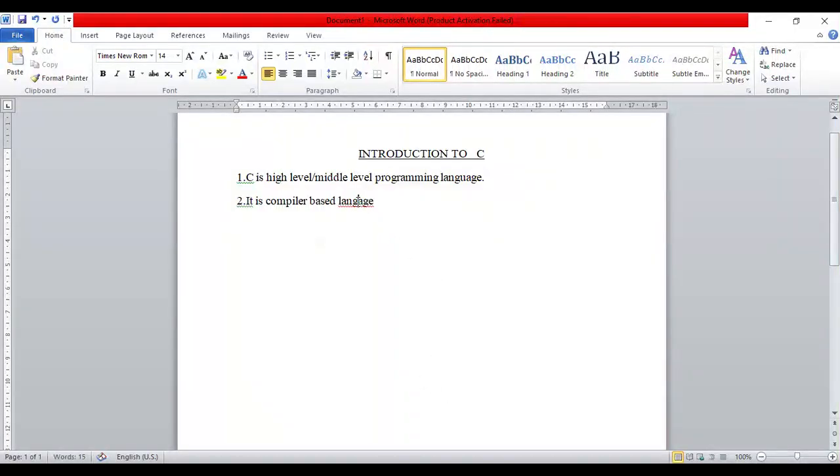It is a general purpose or multi-purpose programming language.